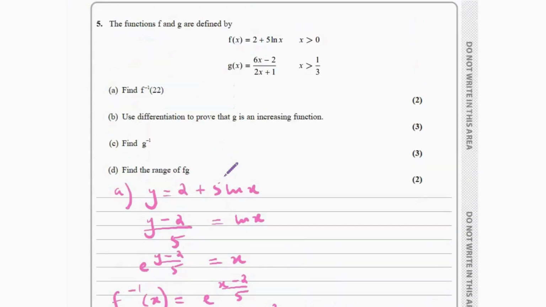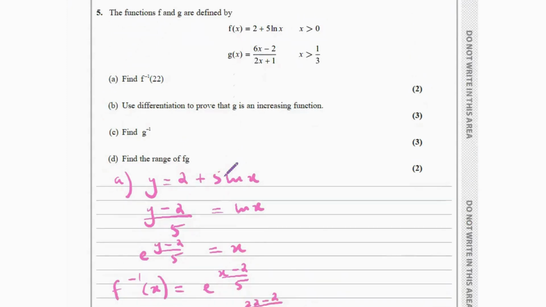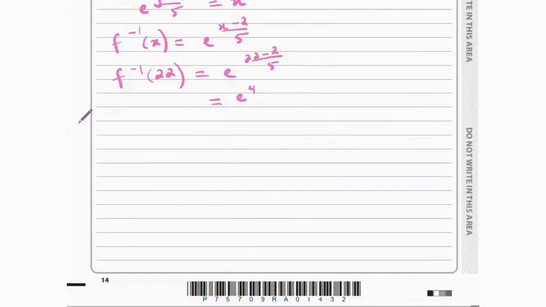Then it says use differentiation to prove that g is an increasing function. So we have to differentiate it. g of x is equal to (6x minus 2) over (2x plus 1). Since two expressions are being divided, we use the quotient rule.